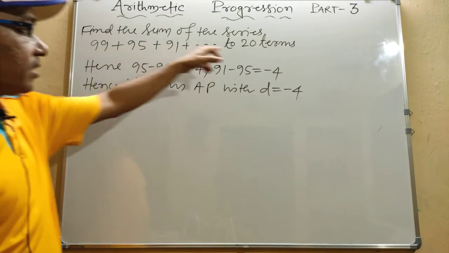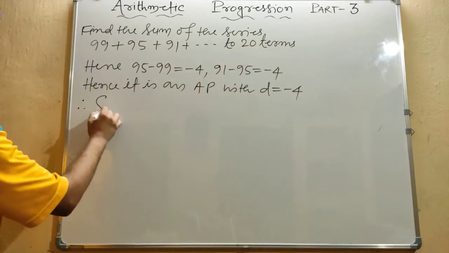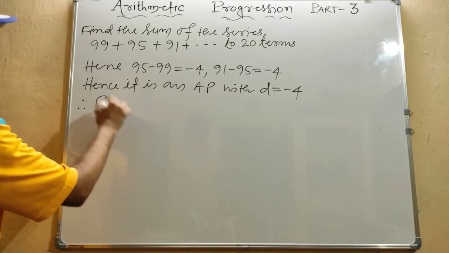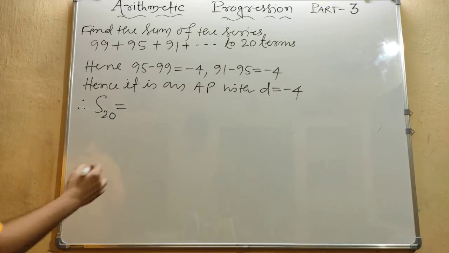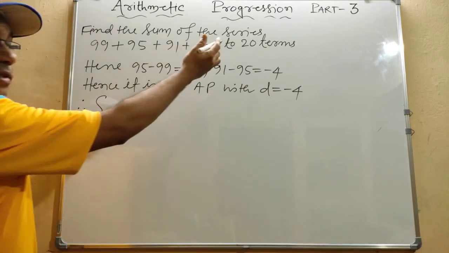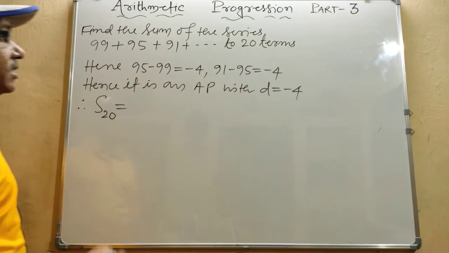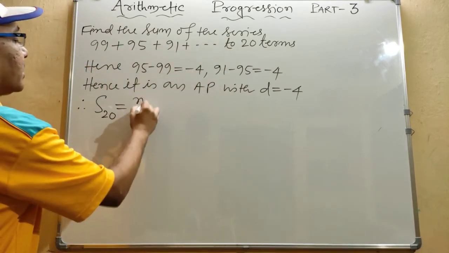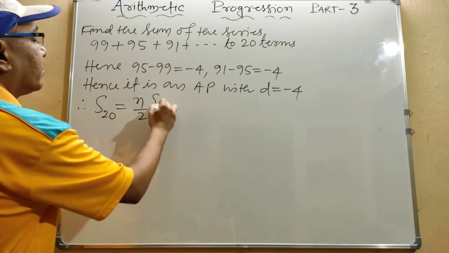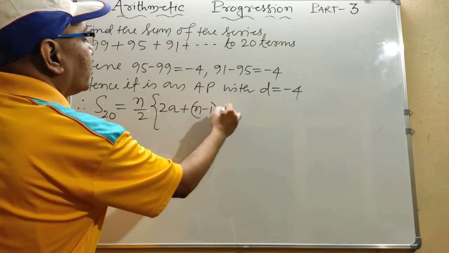You have to find the sum up to the 20th term, meaning you have to calculate S20. Sn denotes the sum up to n terms, so S20 denotes the sum up to the 20th term. So what is the formula here? The last term is not given, the first term is there, the common difference is there, and how many terms? 20 terms. So we use this n by 2, within bracket, 2a plus n minus 1 into d.